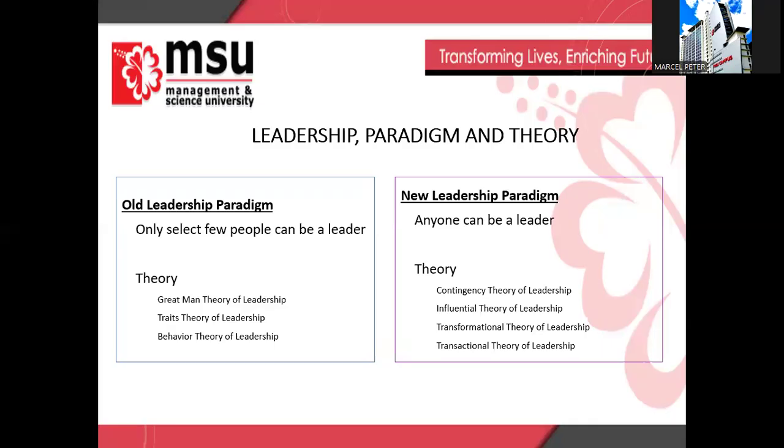Now let's look at the new leadership paradigm. In the new way of thinking, anyone can be a leader. Leadership can be learned and developed. The new leadership theories focus more on people, situations, and influence, such as contingency theory, where leadership depends on the situation, influential theory, where leadership is about influence, transformational theory, where leaders inspire change, and transactional theory, where leadership is based on rewards and exchange.